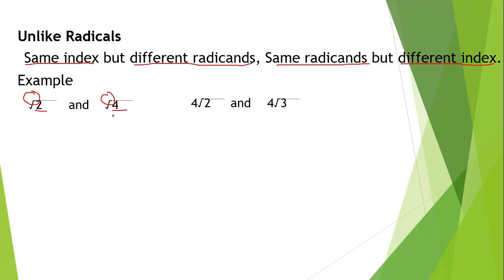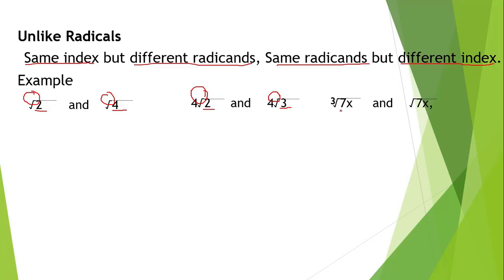Next, fourth root of 2 and fourth root of 3. So as you can see, magkaiba ang kanilang radicands. Magkapareho lang dito is yung kanilang index of the radical. Another example, cube root of 7x and square root of 7x.